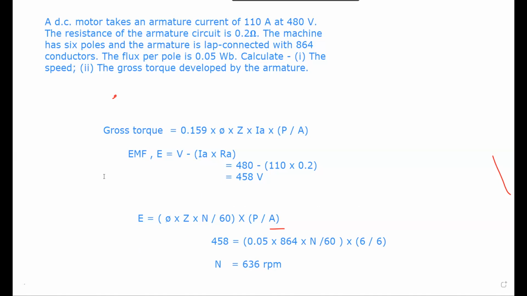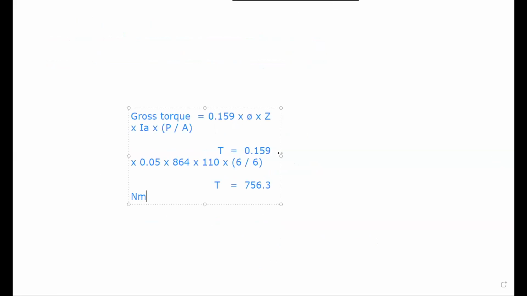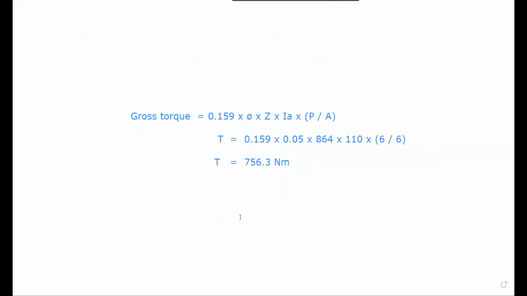So the second formula, we're talking about this one. No, sir, previous slide. Back EMF problem.